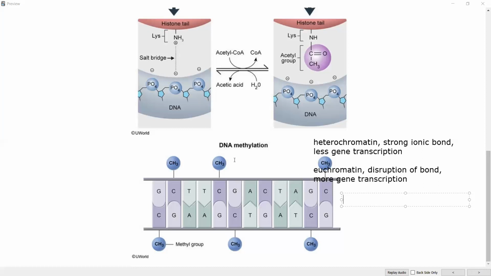So the methyls are slightly negative. If the DNA has this slightly negative, they're not negative, but they have electrons, right? So it's a slight polarity. If these methyls are added to DNA, do you think it would increase or decrease its binding?